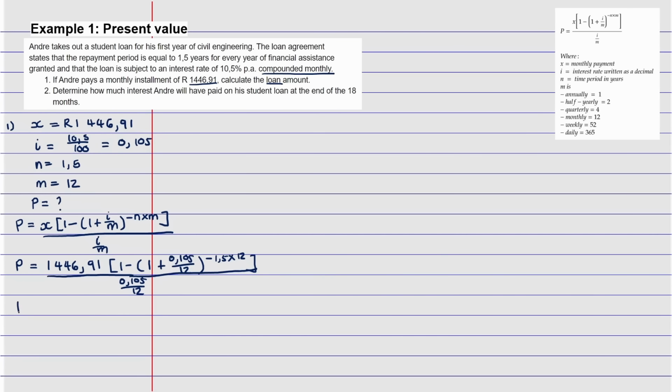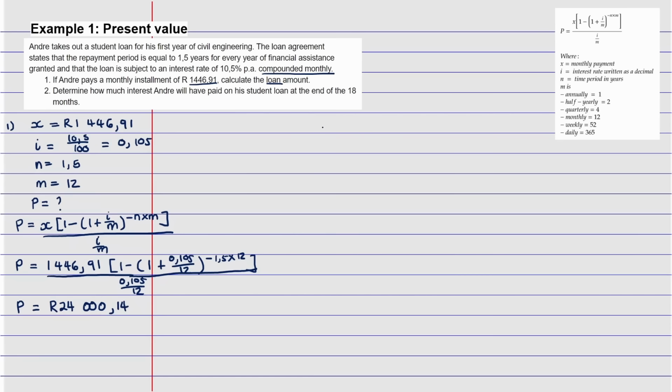Paste it into the calculator. You're going to find that the present value, or the loan amount, is equal to 24,000.14. So this is how much the loan amount is going to be.